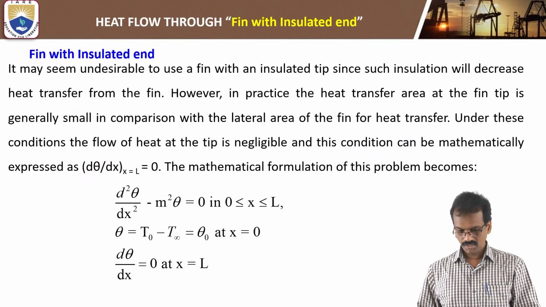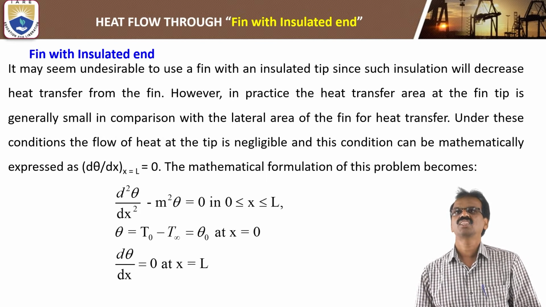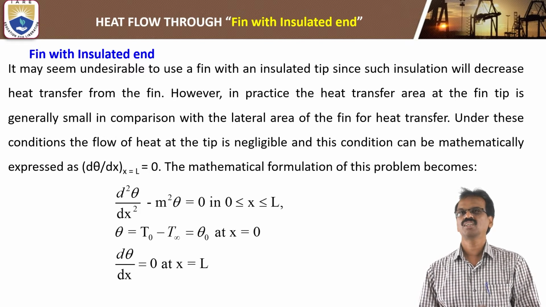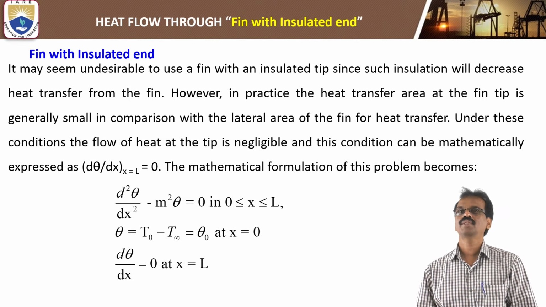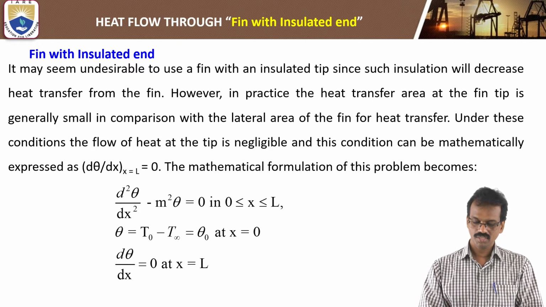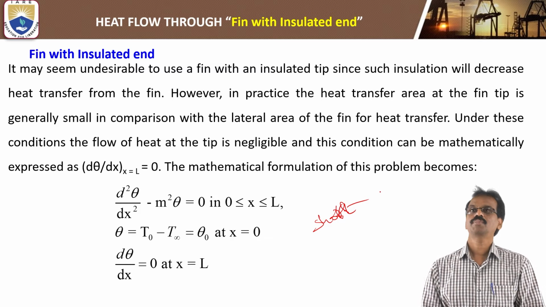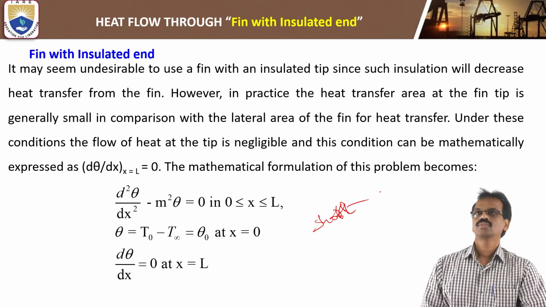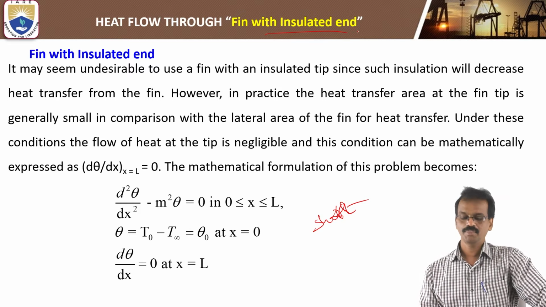Now we'll see the second pin, that is the insulated end pin. I already told you there are three types of pins. One is the long pin. The second one is the insulated end pin, also called a short pin.